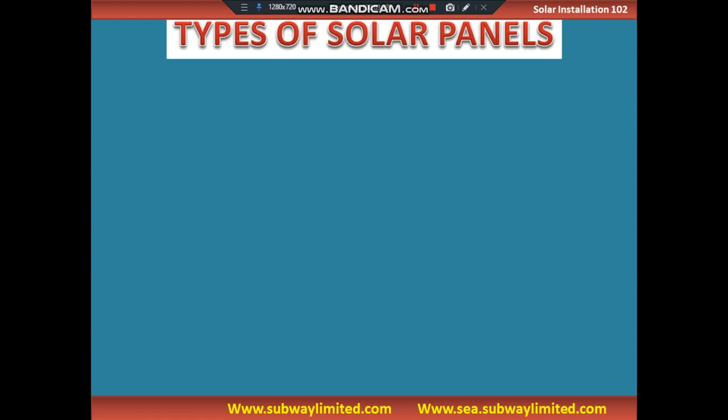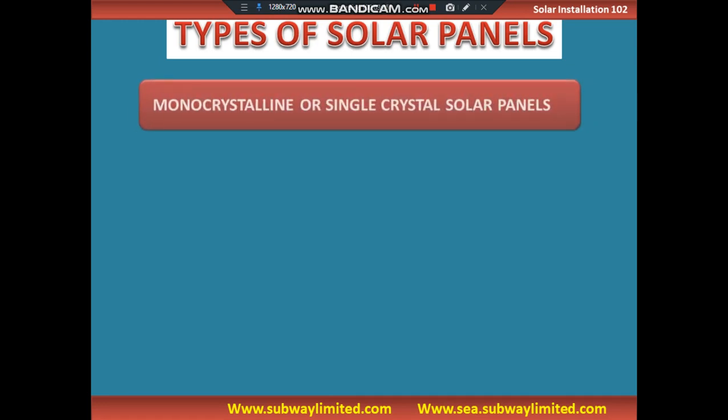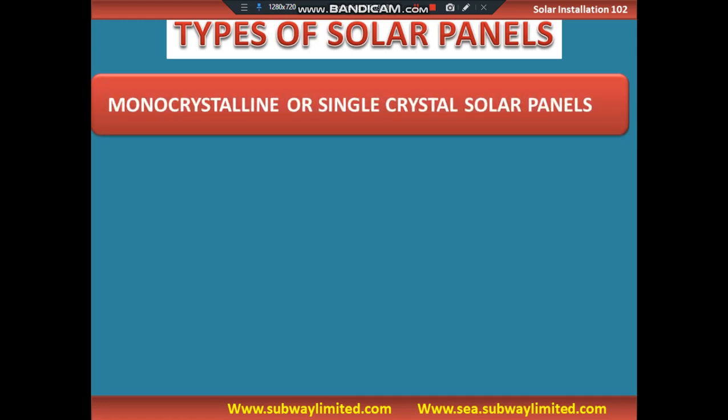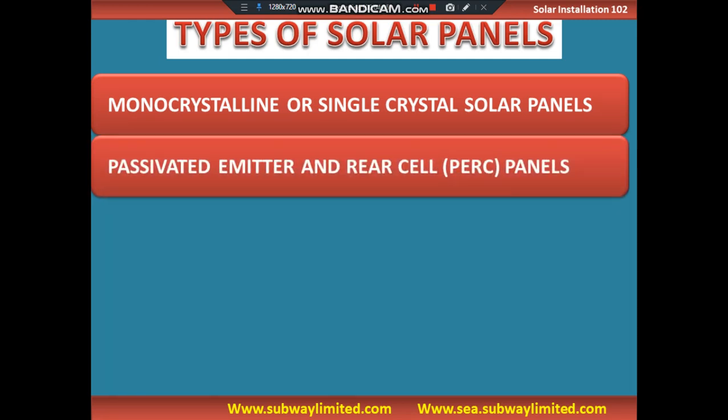The first type of solar panel we have is the monocrystalline or the single crystal structure that is made up of single crystal. And we have other solar panels that are still monocrystalline, but their efficiency is far better than that of the main monocrystalline solar panel.